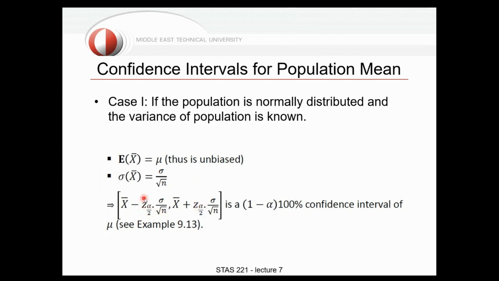Okay, so we should find this z-score from this probability, which is named alpha, and multiply this by the standard error, sigma over square root of n. In the examples that I will solve for you in the tutorial, you will learn it much better. At the moment, I understand this is vague, but see example 9.13 inside your book, where they already solved one question regarding it, which is useful for you guys.